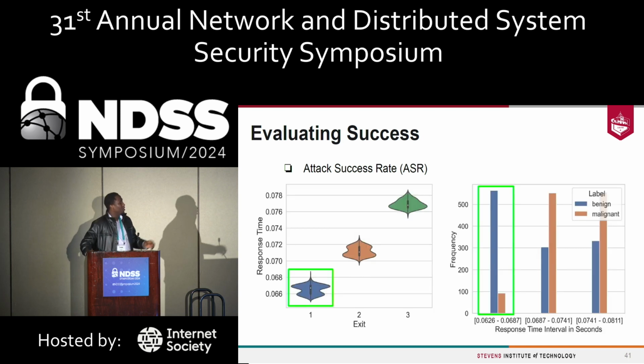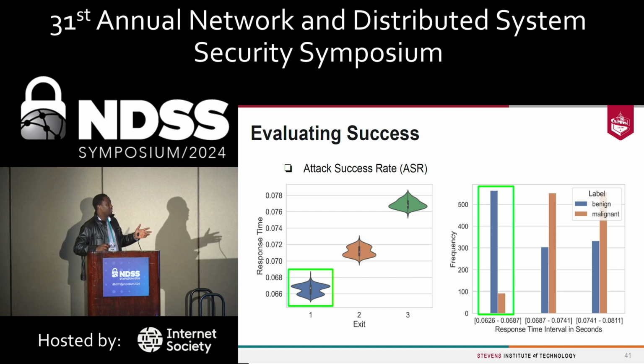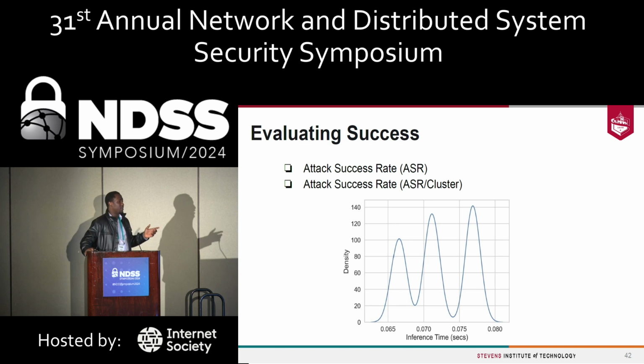But then, from the earlier example, we saw that some particular time clusters or time intervals can have stronger correlations with certain exits in the network. This led us to define a new metric, which we denote as the attack success rate per cluster.